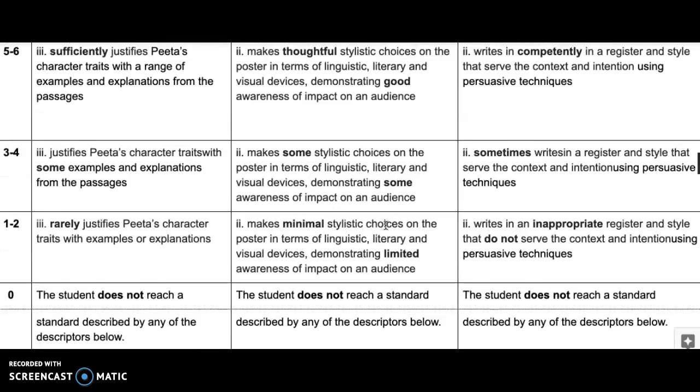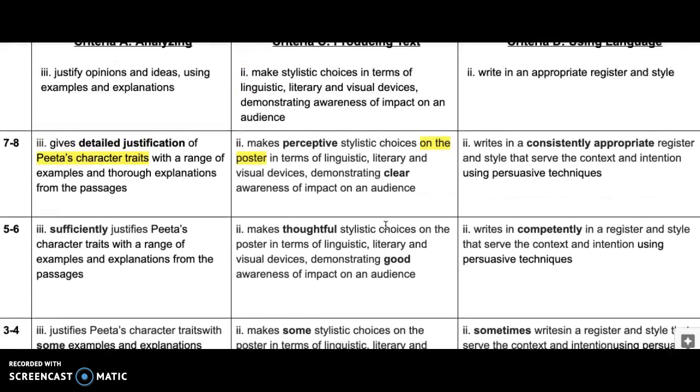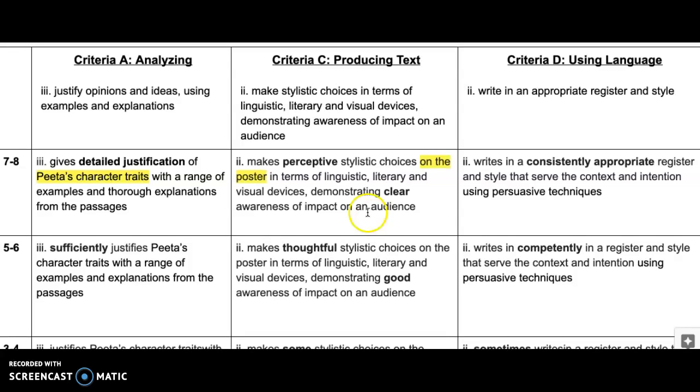Now let's go back up here, and for our last criteria, D, using language. For using language, the strand is write in an appropriate register and style. This means you want to make it fit what the context is for this product.